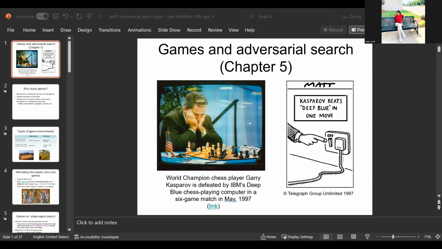No. That's why we call it pruning. That's the idea. So you can prune this branch. Okay, we can prune this branch.